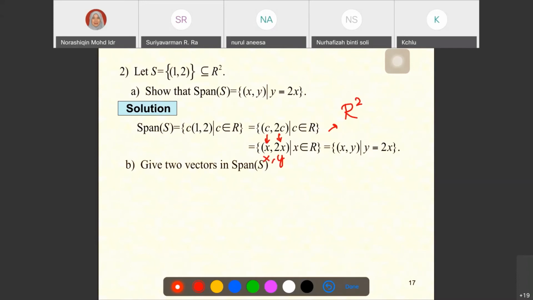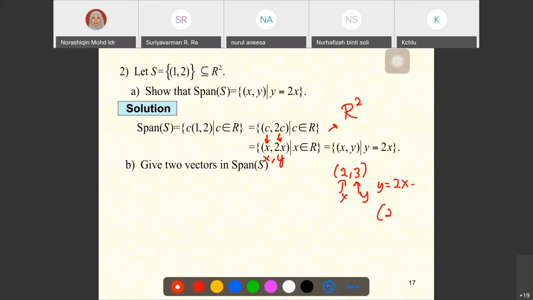Give 2 vectors in span of S. Anyone? (2, 3) maybe? Is (2, 3) in span of S? No. If you give (2, 3), is this x, this y, and does y equal 2x? No, doctor. So instead of (2, 3), what should you give? (2, 4).